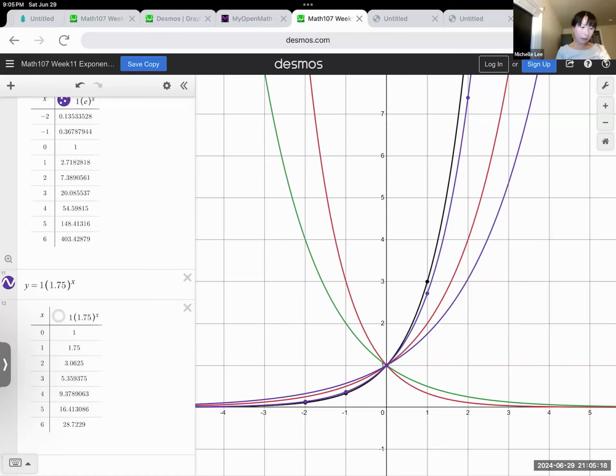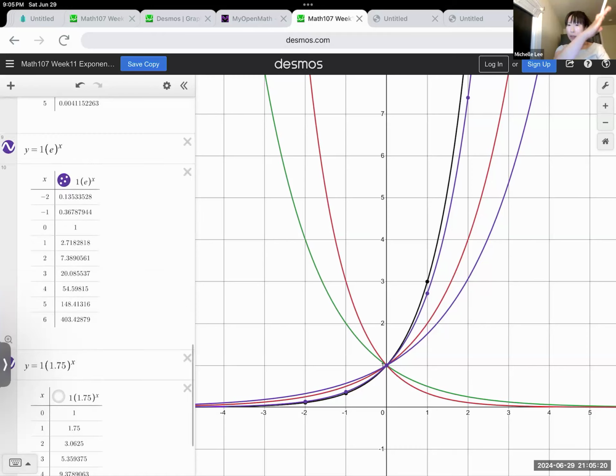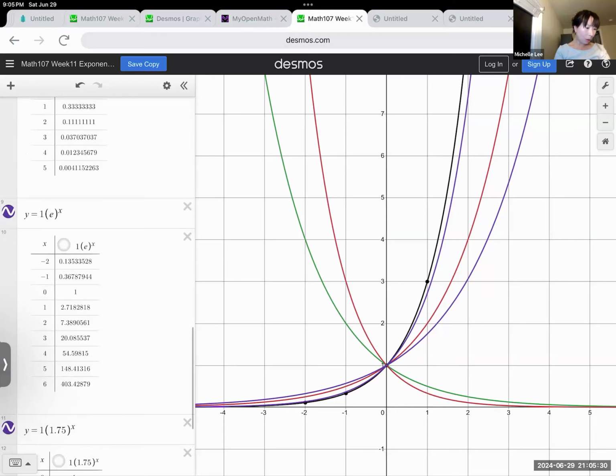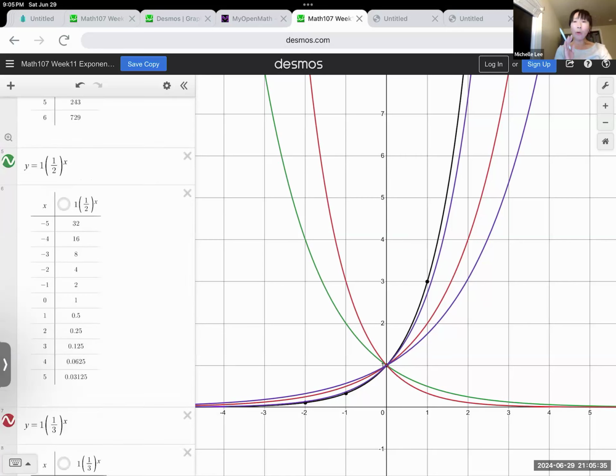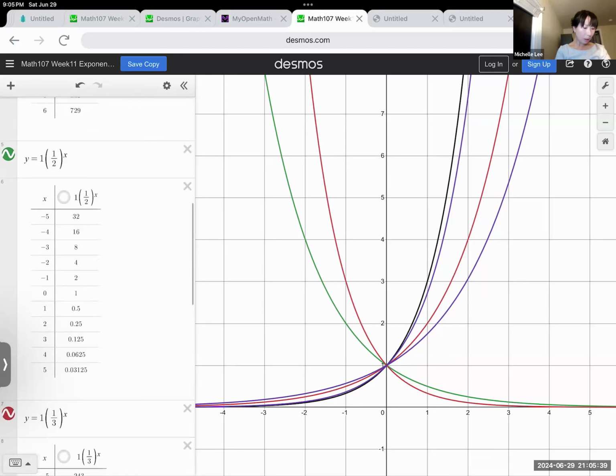Okay, let's talk about the left side, the negative x-axis, which is quadrant 2. Here we have 1 over 2 to the x power. The green one is 1 over 2 to the x power.